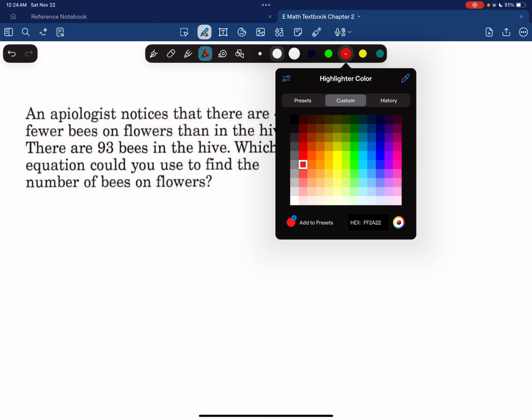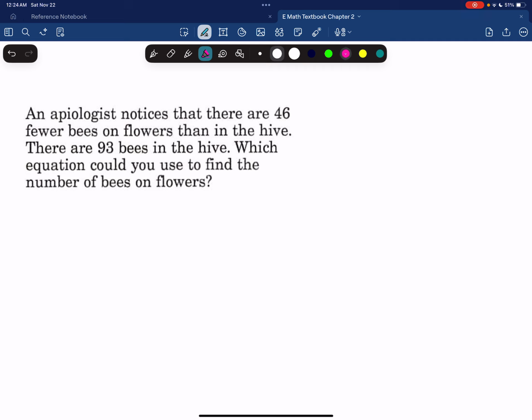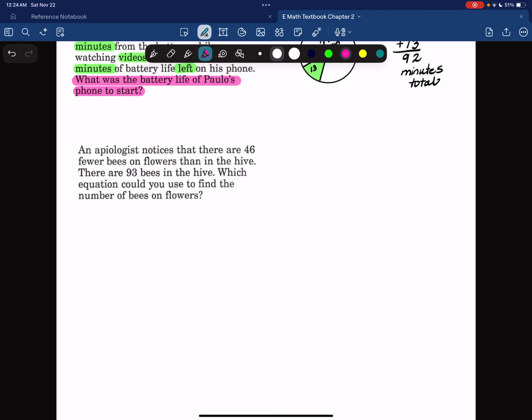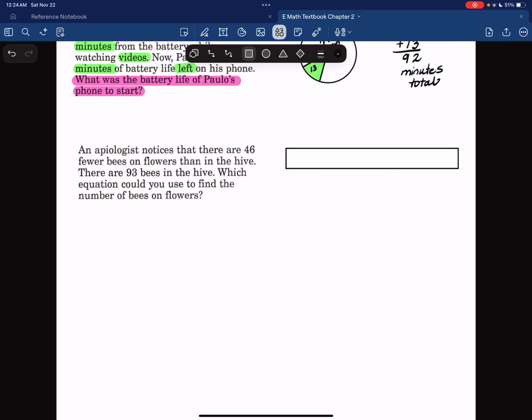All right, so the question, the unknown, is the number of bees on flowers. Let me reread this one again. There are 46 fewer bees on flowers than in the hive. So I'm going to use a bar model on this one. And I'm not going to highlight this one just yet, but I will in just a minute.